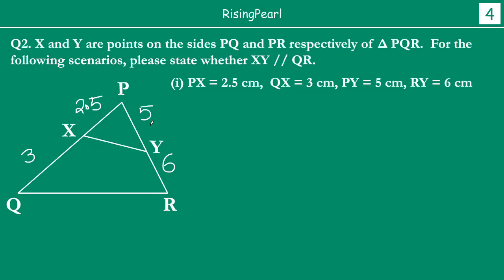As a matter of fact, you will notice that QX, which is 3 centimeter, looks longer than YR, which is supposed to be 6 centimeter. So YR clearly looks smaller, but it is actually 6 centimeter, and QX, which looks longer, is actually 3 centimeter. So anyway, let's continue to focus on the question at hand.